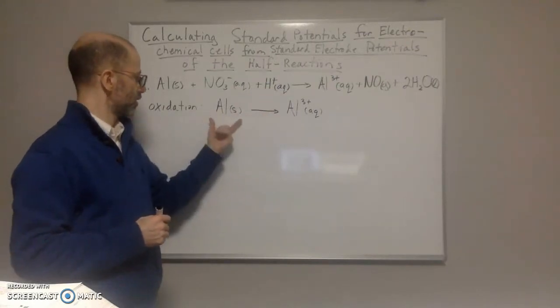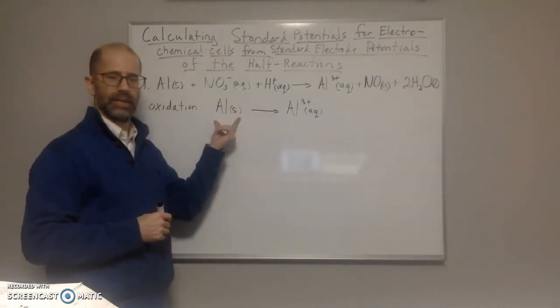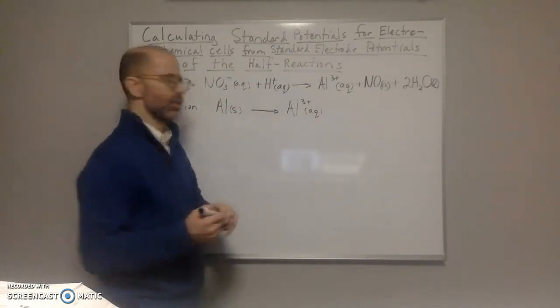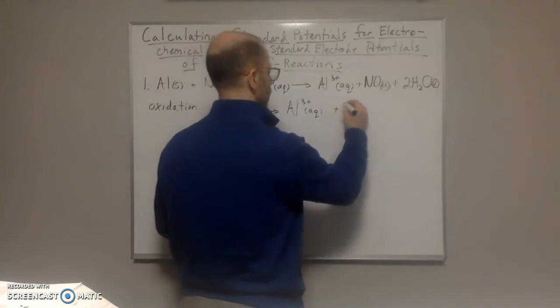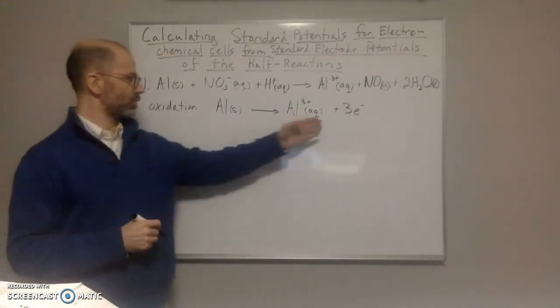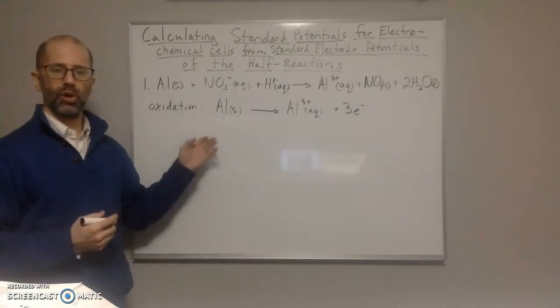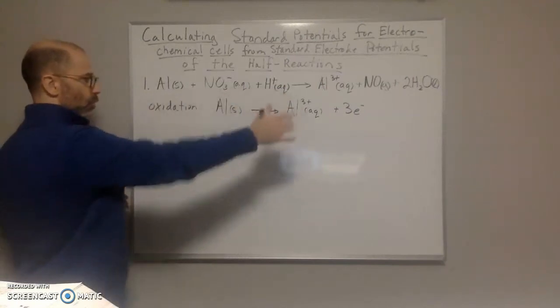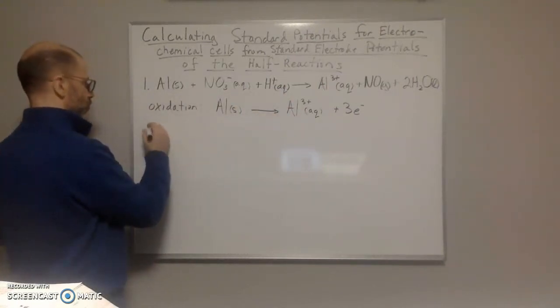This side is neutral, it's got 0 charge. Here we have a 3+, so we're going to have to add 3 electrons. So that way now the charge is balanced. So this is our half reaction for the oxidation. And then whatever's left over is the reduction.